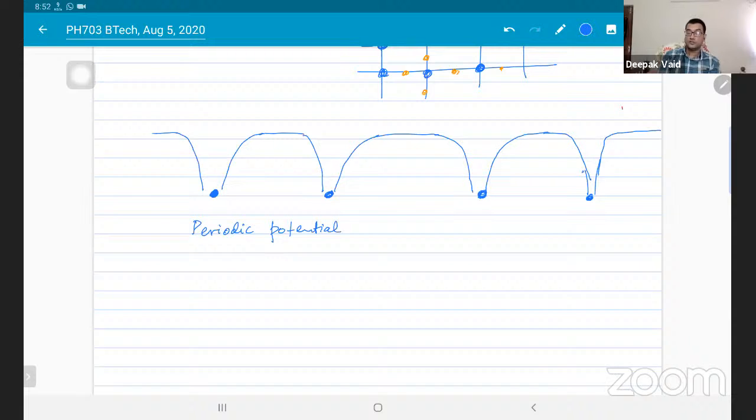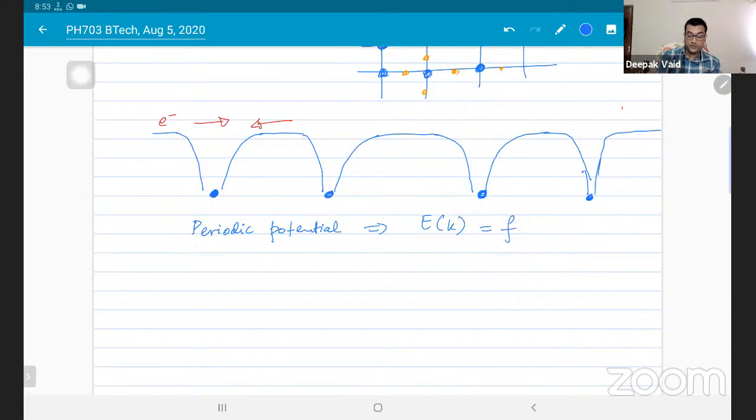When you solve for the Schrodinger equation in the periodic potential, again, what you will find is that, for example, your energy spectrum E of K, right? What is K? K is the wave number. It tells you the momentum of your particle, your electron. And you have an electron that is moving around somewhere in this potential.